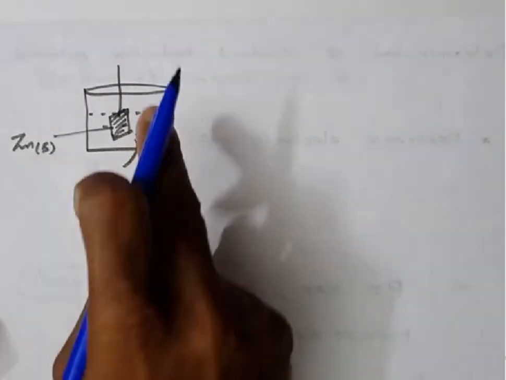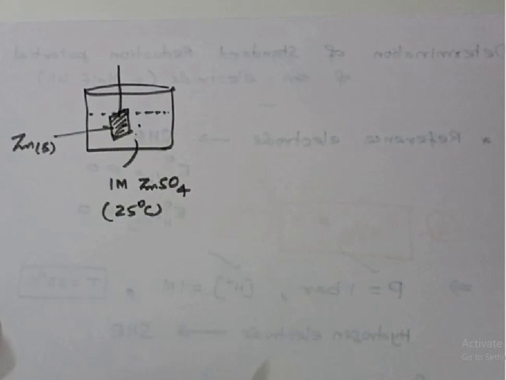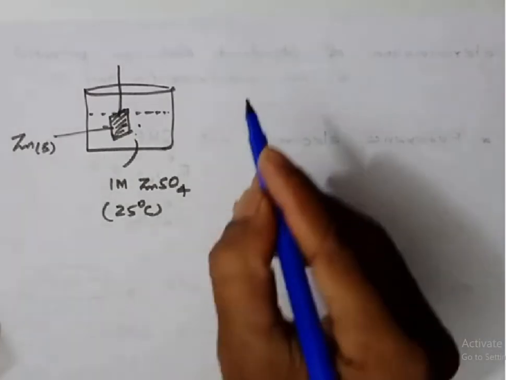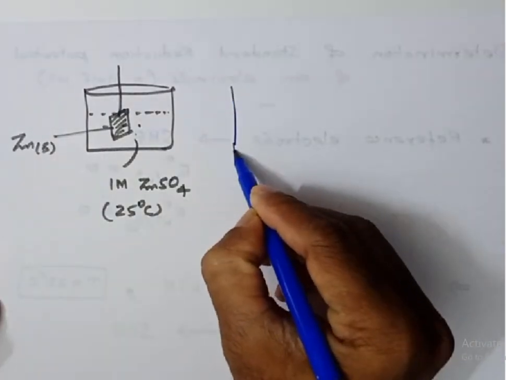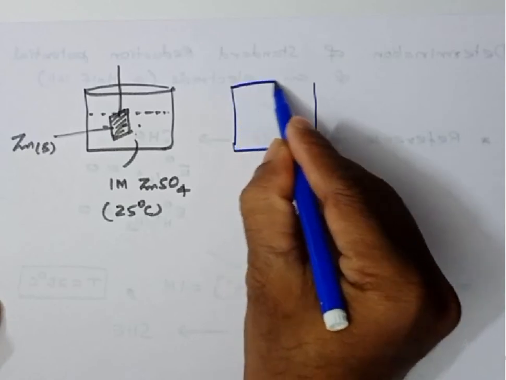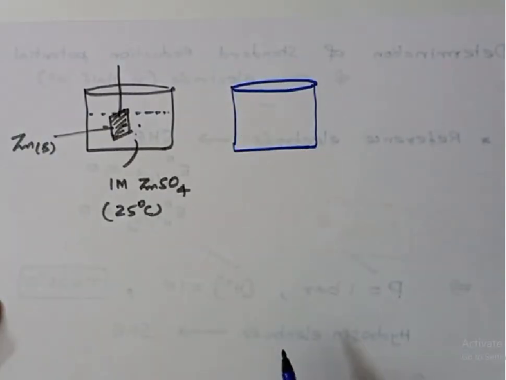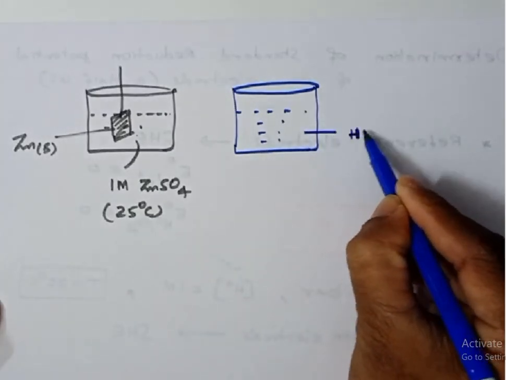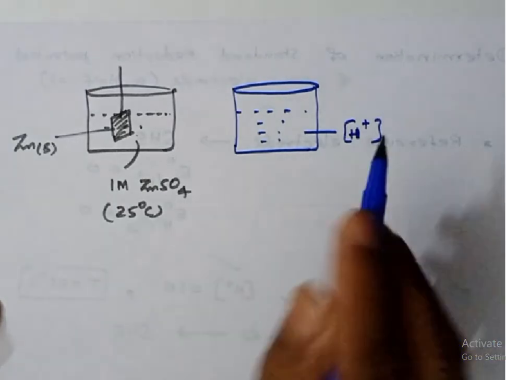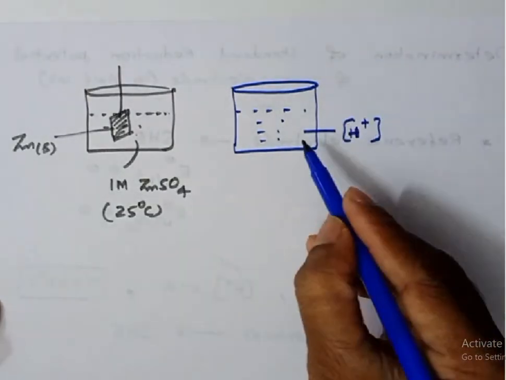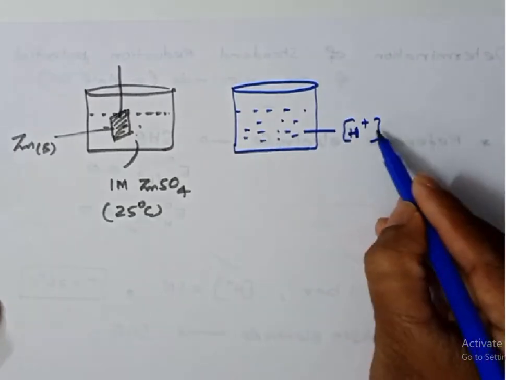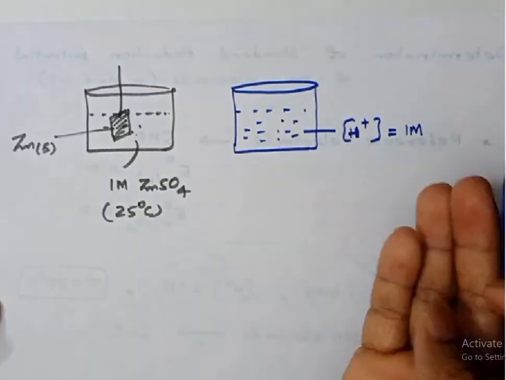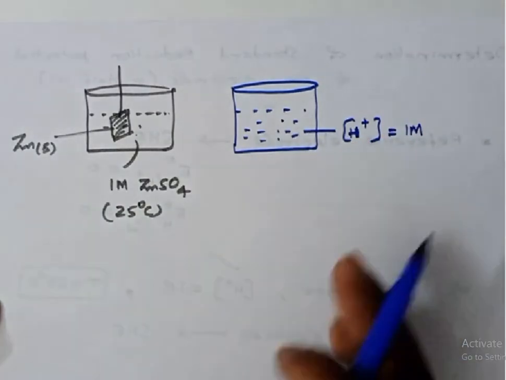Now we need to find the potential of this electrode, so I'm going to connect it with a reference electrode. What reference electrode do we use? The standard hydrogen electrode. I'll take a container with a solution in which the H plus ion concentration, or activity, is 1 molarity. We are supposed to use activity, but normally we use dilute solutions, and in dilute solution activity and molarity are almost equal.